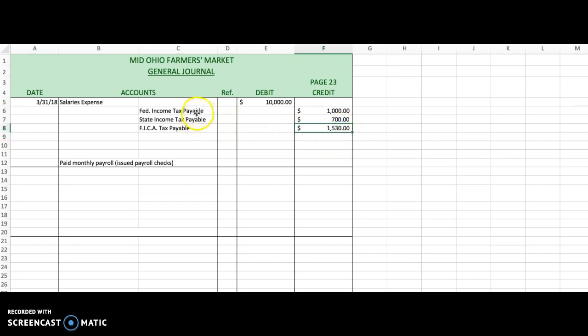So these are all liability accounts. They all increase. We owe more money. It's not our money. Actually, the employees earn that money, but we've withheld it from their paychecks. Eventually, we will have to pay it on their behalf. Okay, one more that we will look at.